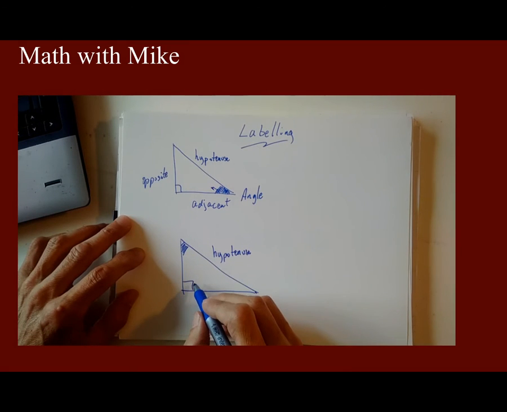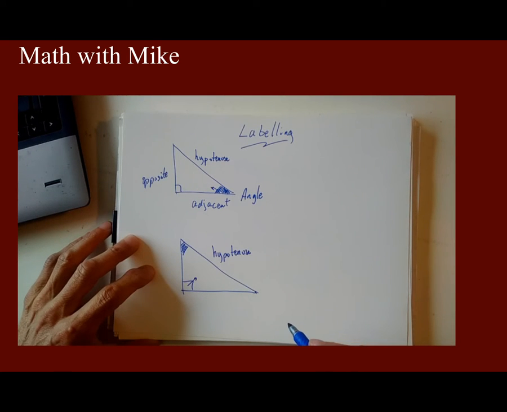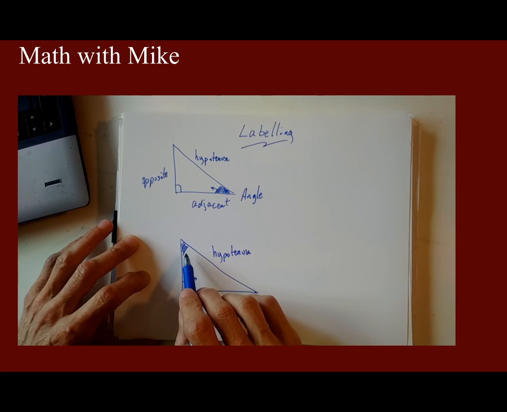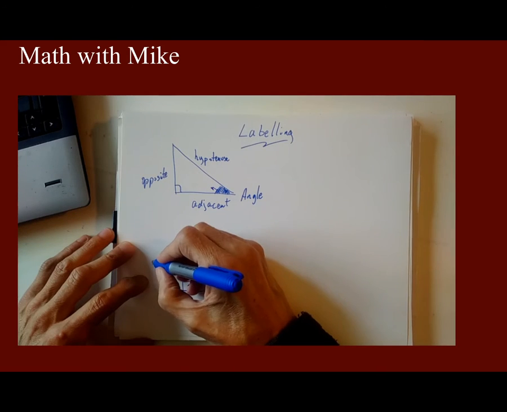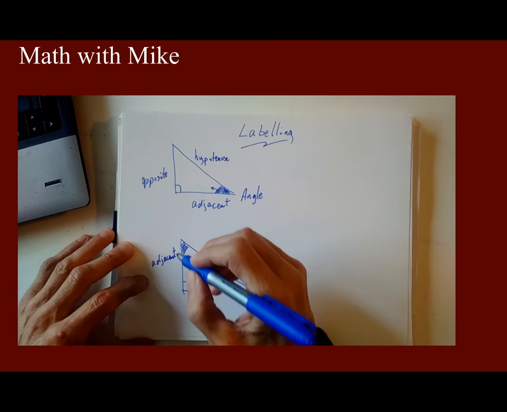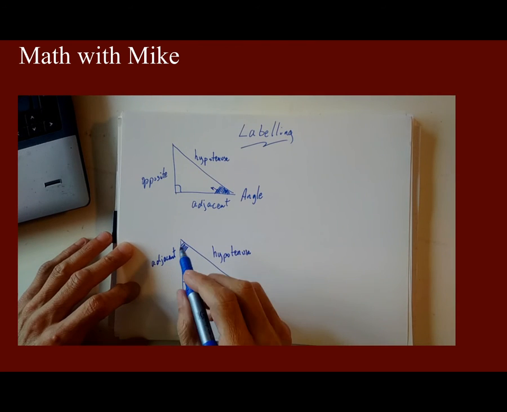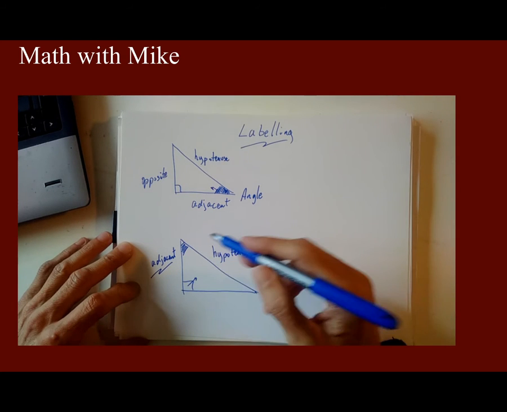In fact, the 90 degrees points at it, if you like. Some people like that as a memory device. Now remember, this angle here, the angle of interest, the angle we're working with, is made from two sides: the hypotenuse and always the adjacent side. So you see, we move the angle, the side, or at least the label of the side, moves as well.